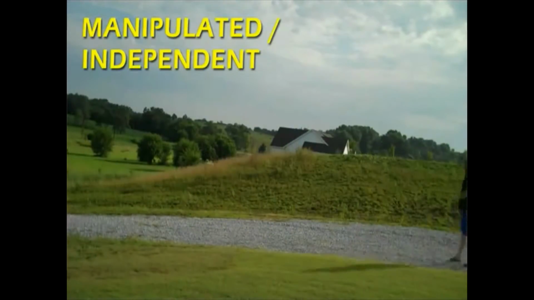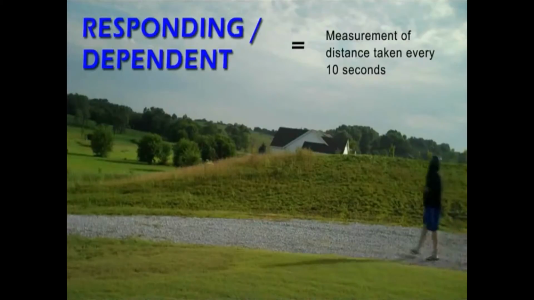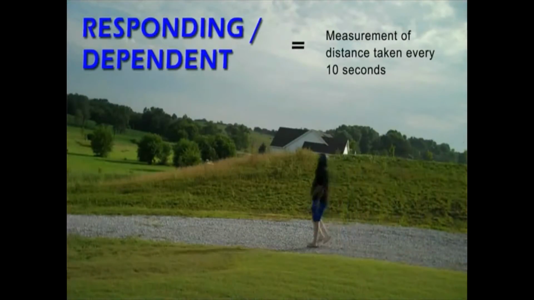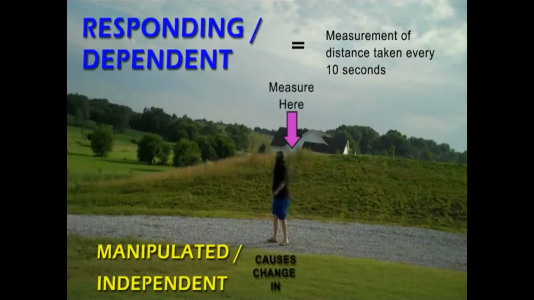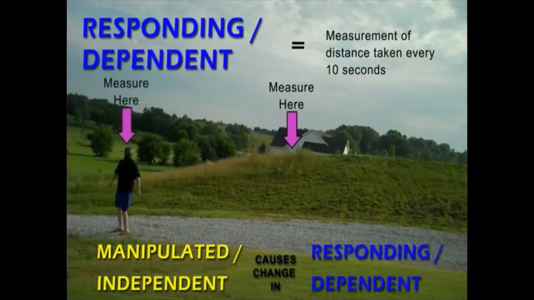In the walking example, the distance that is being covered is responding to the amount of time that has been chosen to be measured by. The distance is dependent on how long between time measurements. Distance is increasing because I've chosen to measure after every 10 seconds.